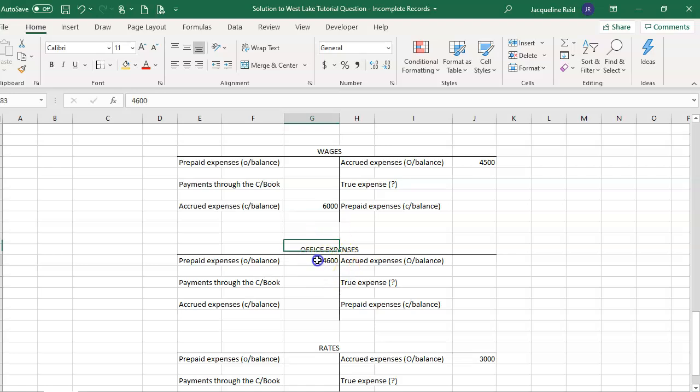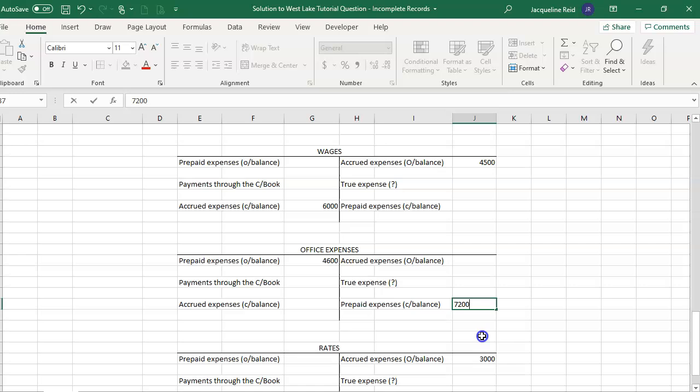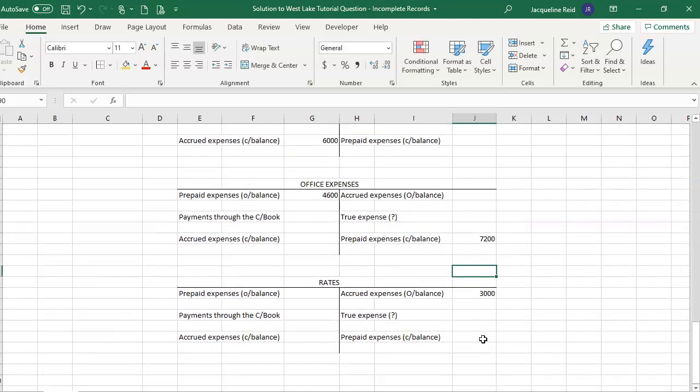For the office expenses, the year started off with some prepaid expenses of $4,600, which was debited. So they're going to close the year still with prepaid expenses of $7,200. For the rates, the year started with an accrued expense of $3,000 and ended with an accrued expense of $5,500.